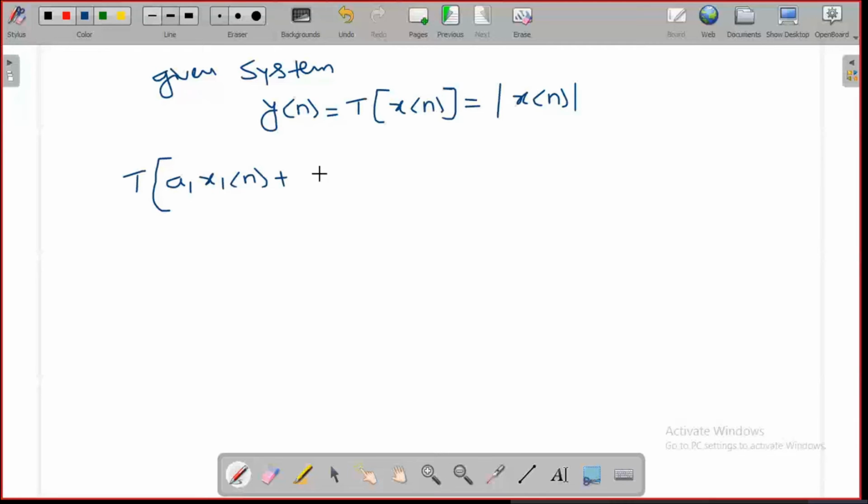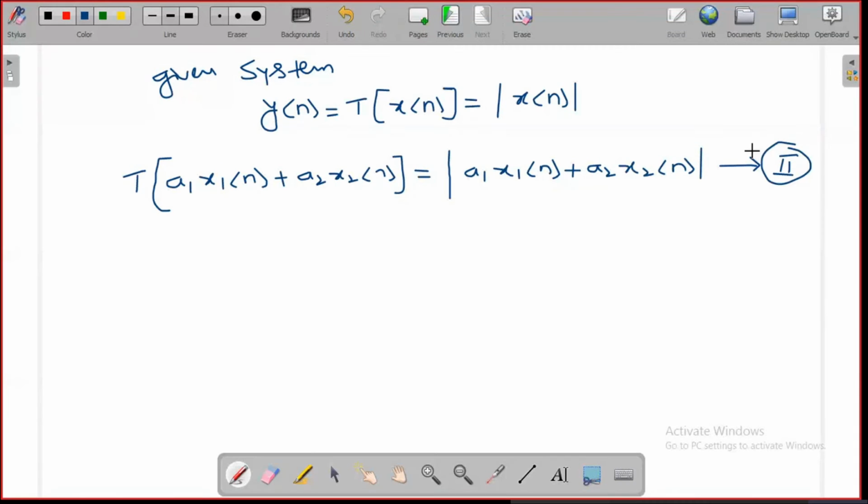It's t of a1 x1 of n plus a2 x2 of n, which is simply mod of a1 x1 of n plus a2 x2 of n. In place of x of n, I am simply writing a1 x1 of n plus a2 x2 of n. This is equation 2.